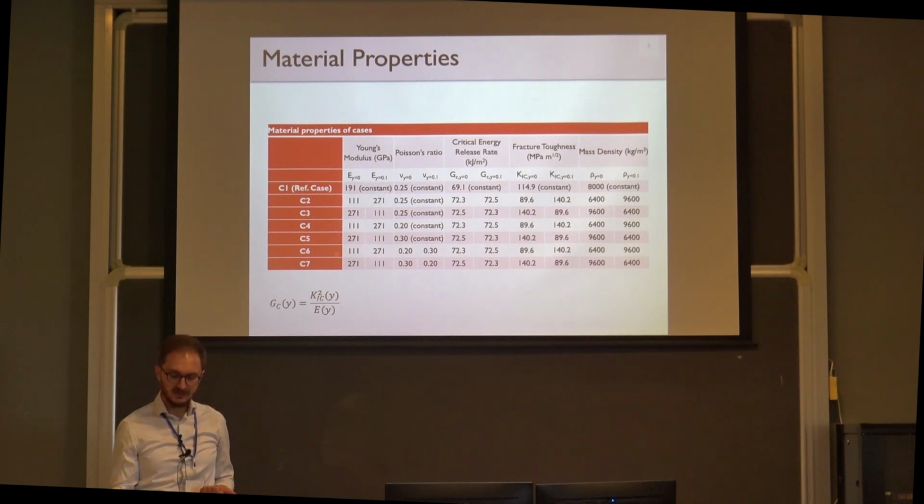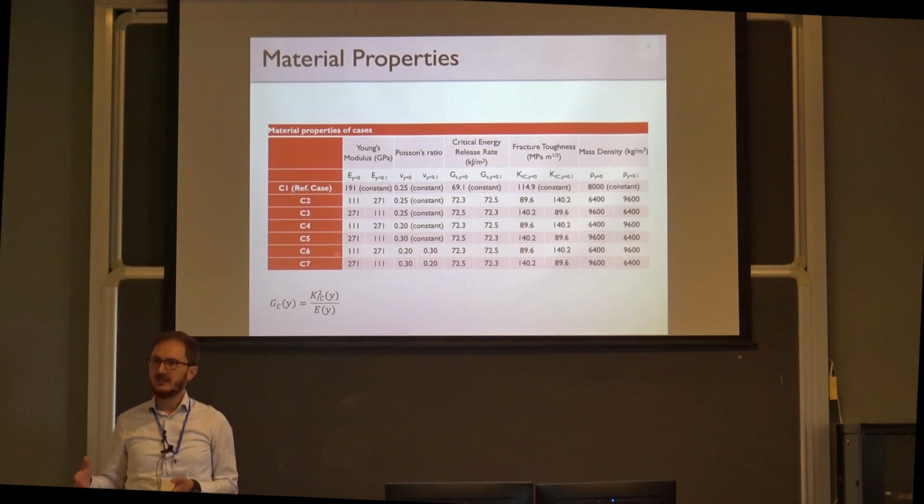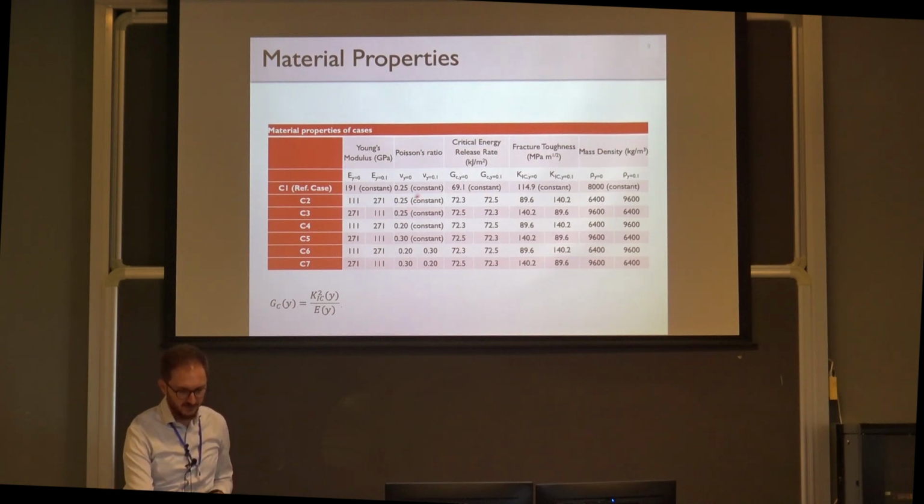On the other hand, in cases 3, 5 and 7, the values decrease from top to bottom. Cases 2, 4 and 6 can be considered as a mirror image of 3, 5 and 7 on the horizontal middle axis. Poisson's ratio is constant for cases 1 to 5, and we can observe the gradation effect of the Poisson ratio in cases 6 and 7.